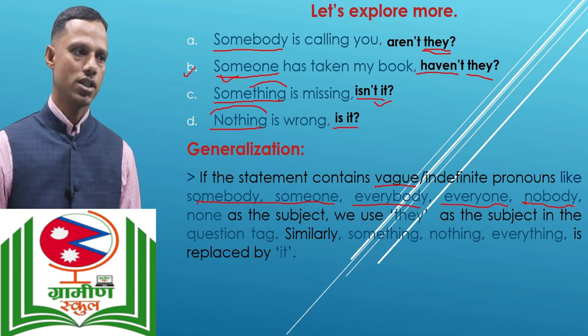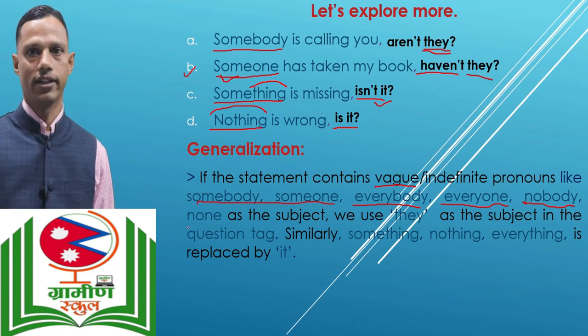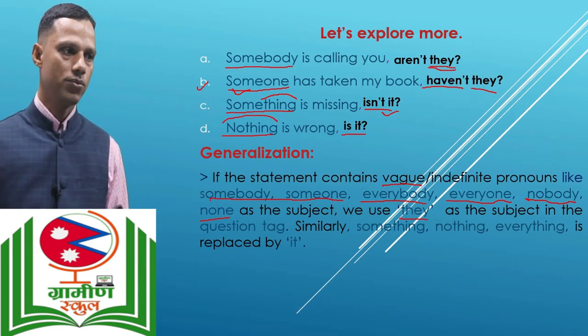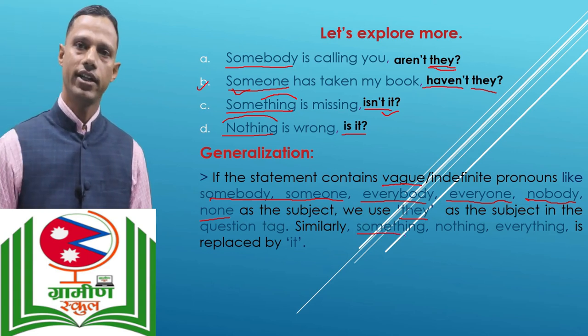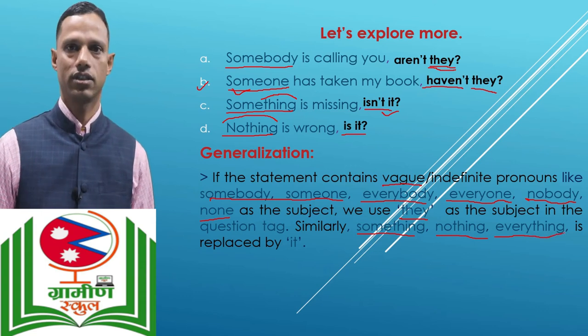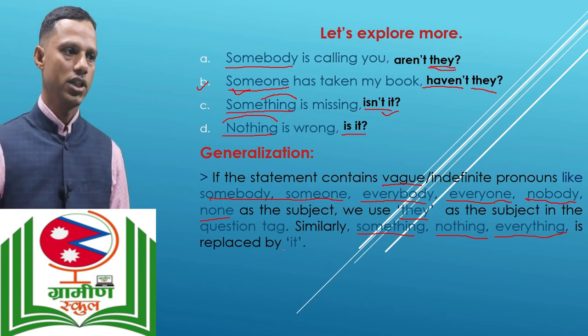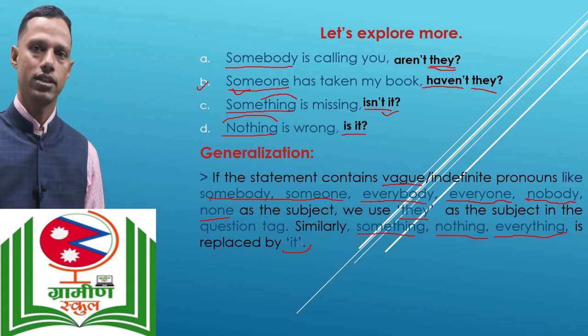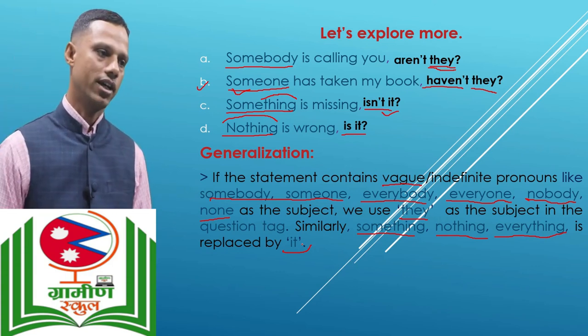These vague pronouns are replaced by they. Similarly, something, nothing, everything is replaced by it. In place of something, nothing, everything, we use the pronoun it as the subject of the question tag.